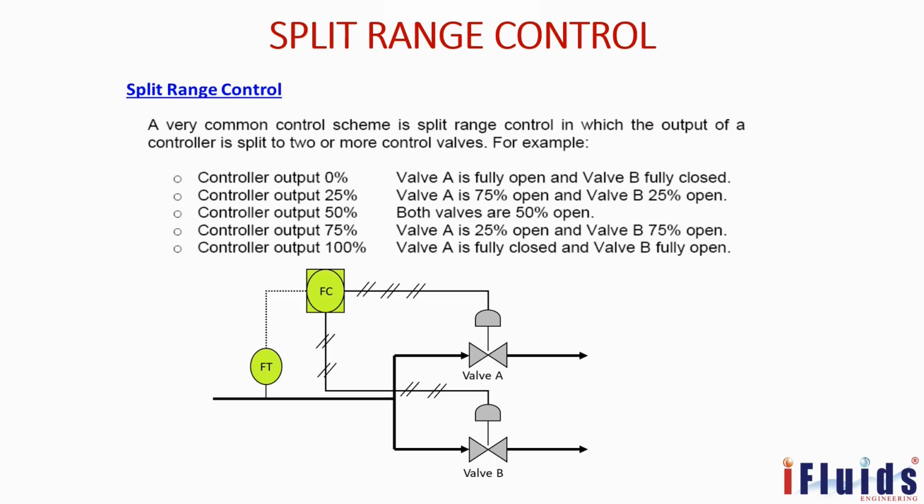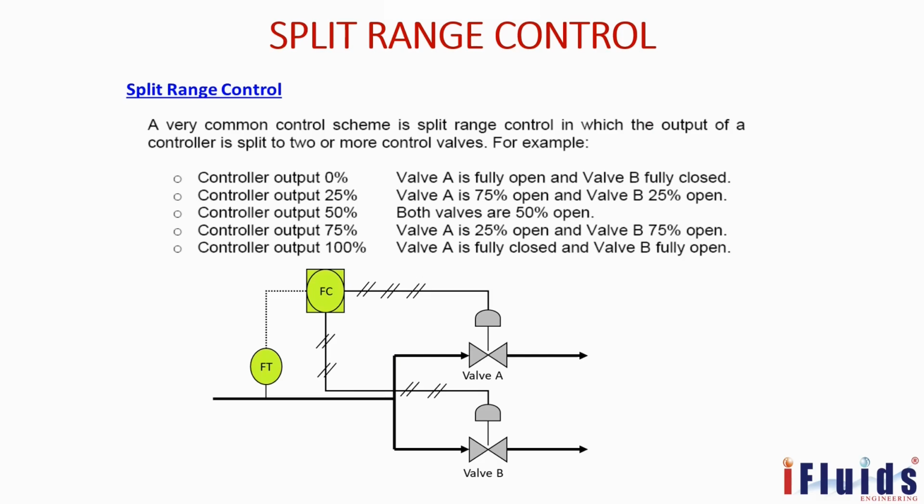Controller output 50%, both valves are 50% open. Controller output 75%, valve A is 25% and valve B 75% open. Controller output 100%, valve A is fully closed and valve B fully open. This can be reversed also. Instead of valve A, we can put valve B also. Both cases we can take.